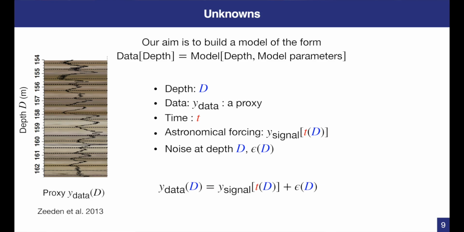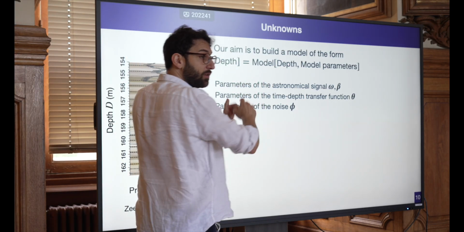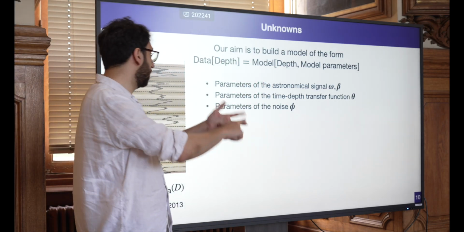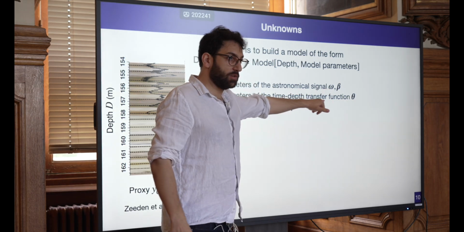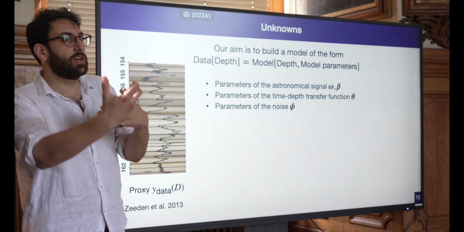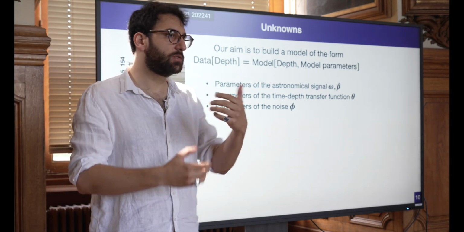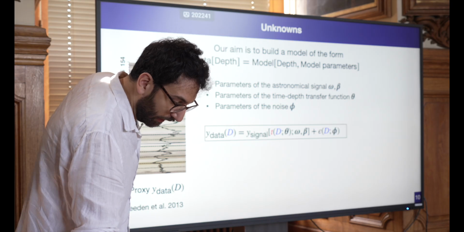In our parameters, we want to include parameters of the astronomical signal, the frequencies, the phase, the amplitude, the parameters of the time depth transfer function, and some parameters of the noise that characterize the typical amplitude of the noise, its typical time length, and so on.